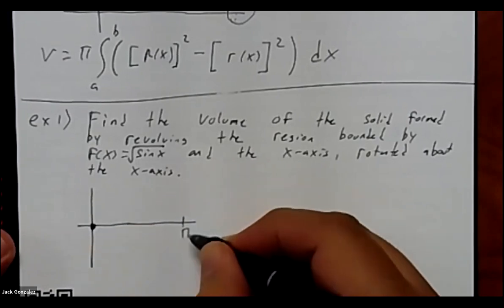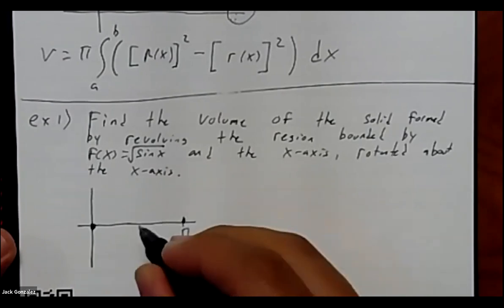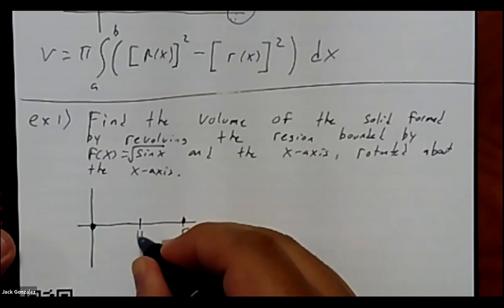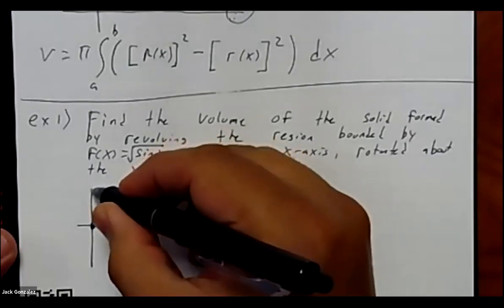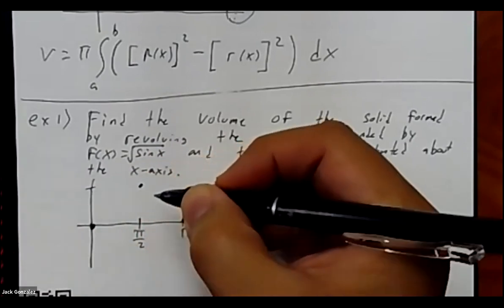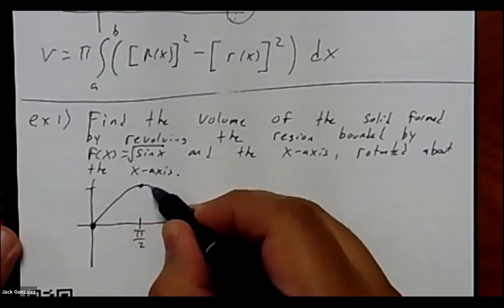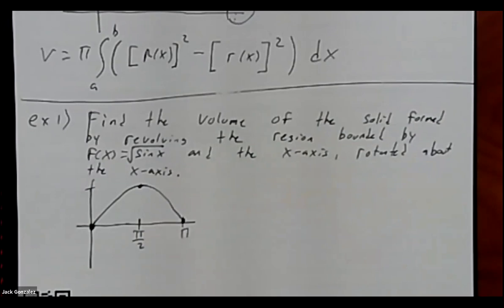At pi, it's 0. Where's a 1? Pi over 2 or 90, right? So they said the graph bounded by the x-axis and the square root of sine. We could plot more points, but you know it's going to keep repeating itself. But we're not allowed to use negative values. So I'm going to stop here on this graph.